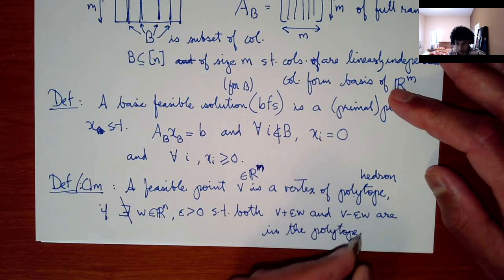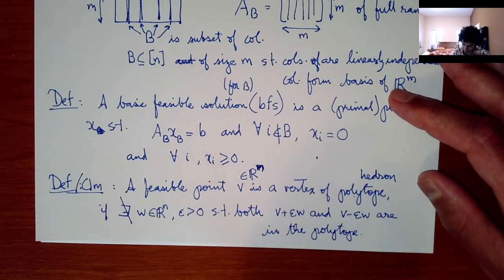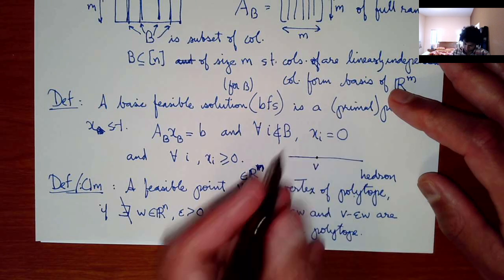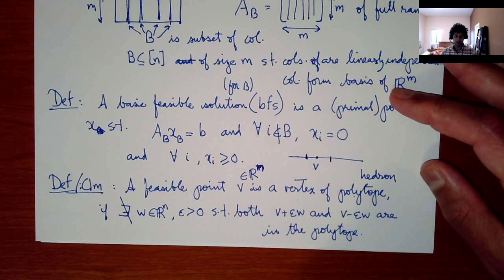So what is it saying? Here's my V. If I can put a line through V such that both of these points are in the polytope, then V is not a vertex.